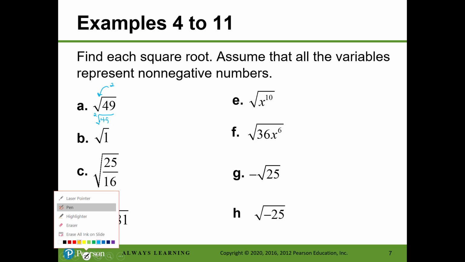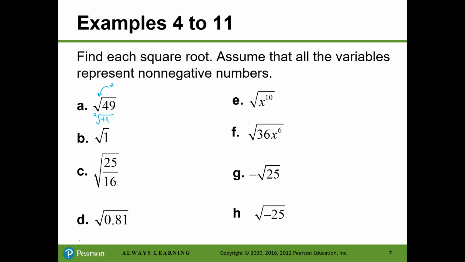Now, is your answer going to be a positive 7 or negative 7? Hopefully you said positive because there's a positive sign in front. There's your positive 7. Now, what about the square root of 1? It's a 1. But again, what sign is in front? There's a positive sign in front, which means your answer is a positive 1.